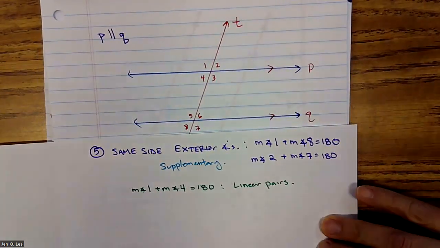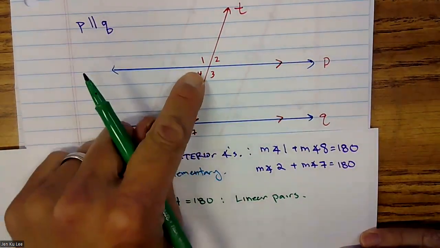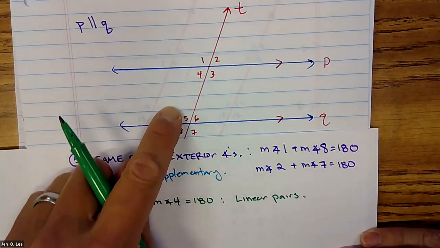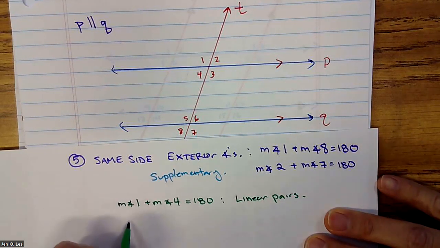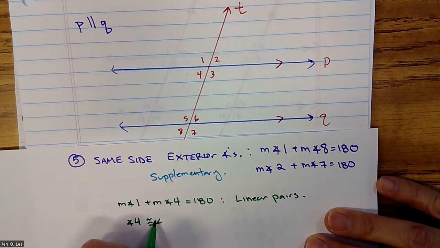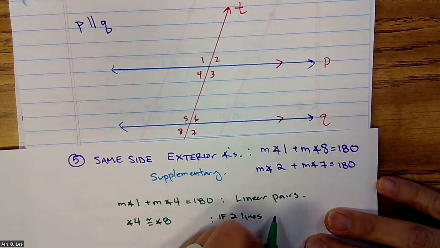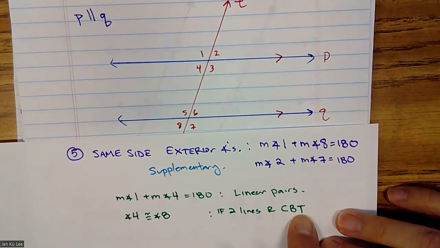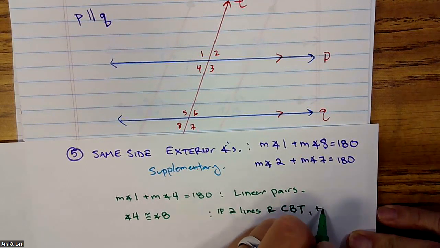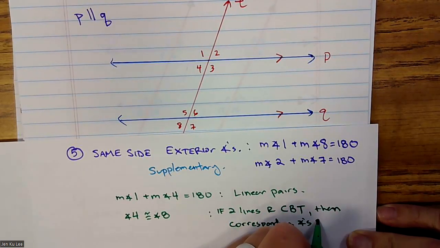And then I can say angle 4 and angle 8 are congruent, right? Because they're corresponding angles. CBT just means cut by transversal. Then corresponding angles are congruent.